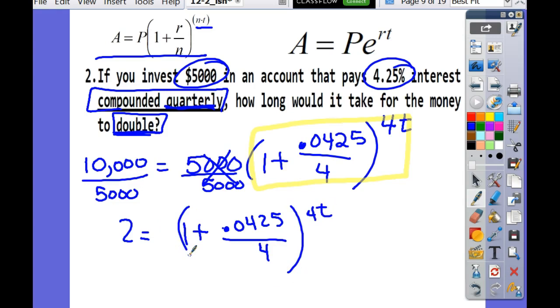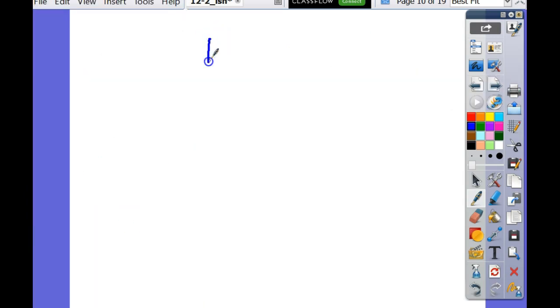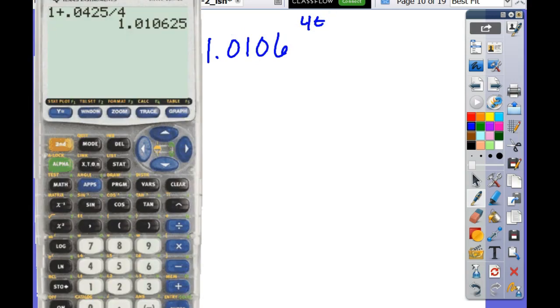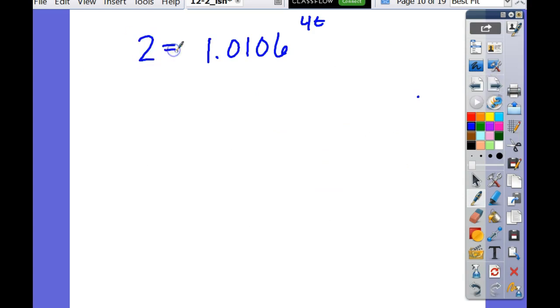Now, to make this a little bit easier to figure out, I'm going to go ahead and put the 1 plus 0.0425 divided by 4 in my calculator and decimalize it. And that is going to be equal to 2.